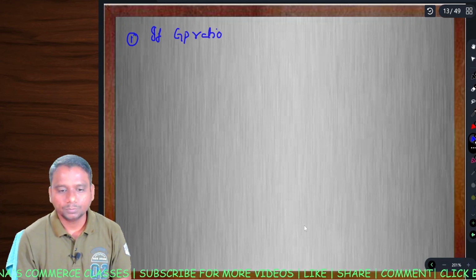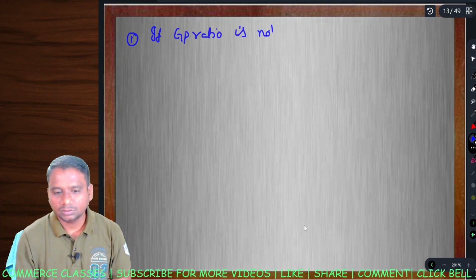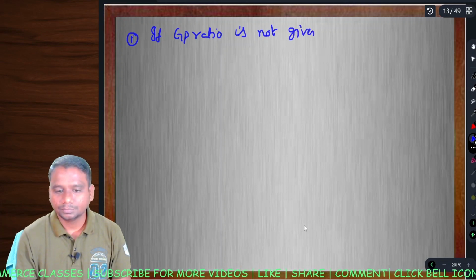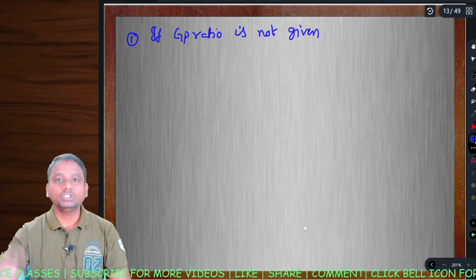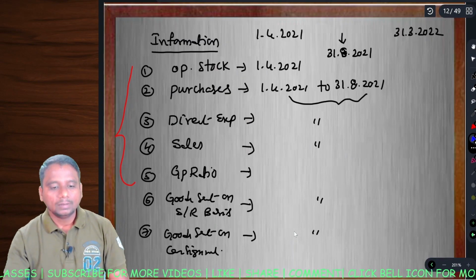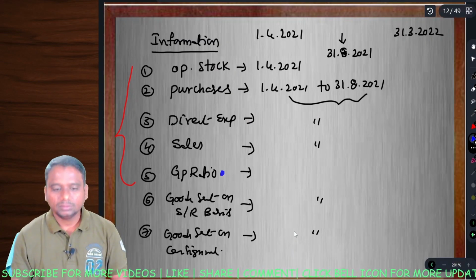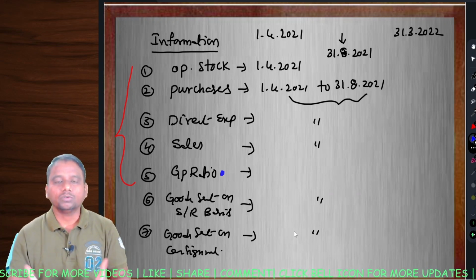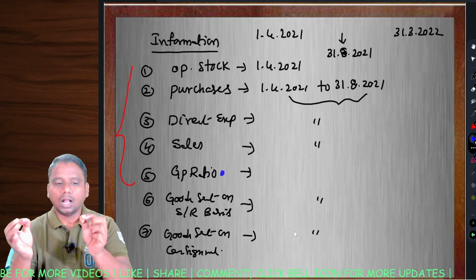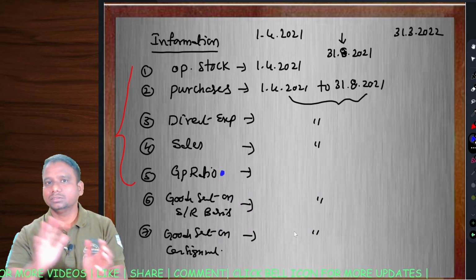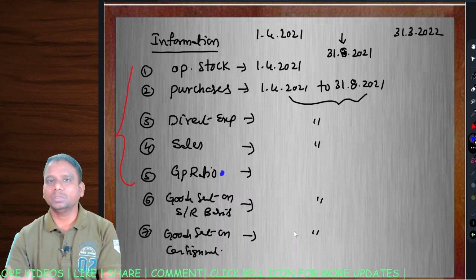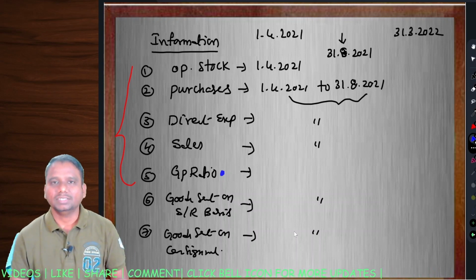if GP ratio is not given, then what do we do? Unless you calculate gross profit, the balancing figure closing stock cannot be ascertained. Yes or no? Yes.